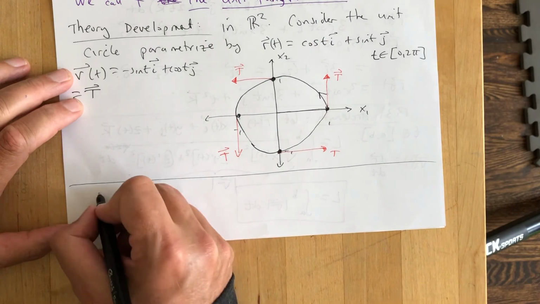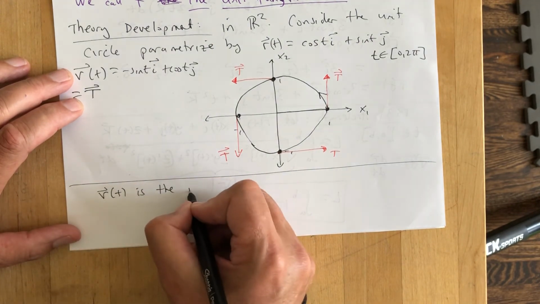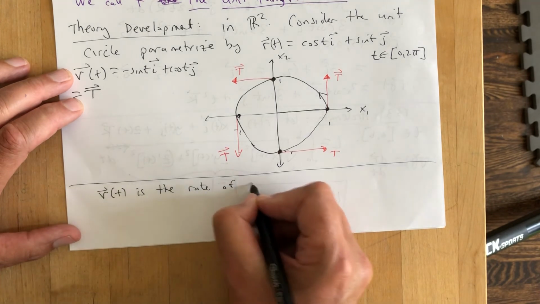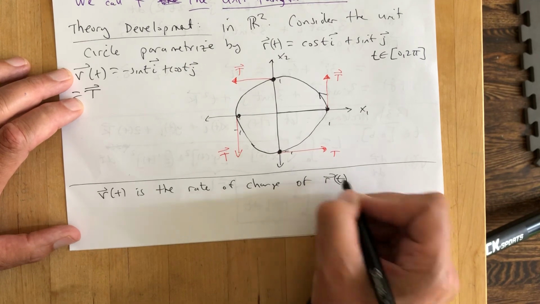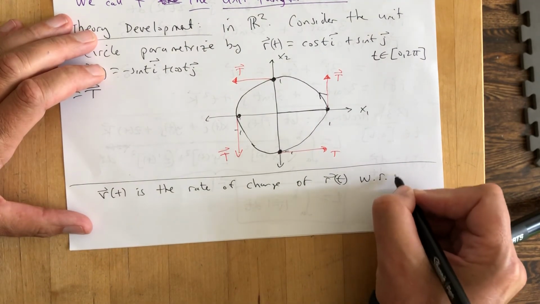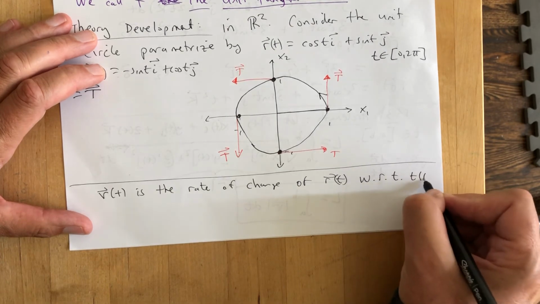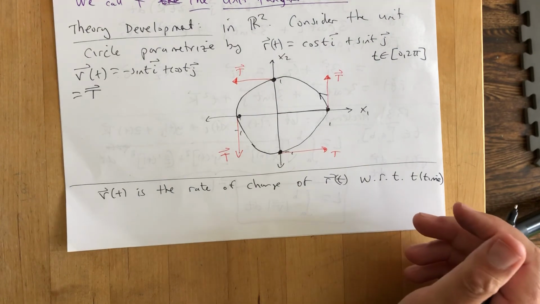Okay. So v of t is the instantaneous rate of change, the derivative of r of t with respect to t, the time variable. Okay, and here's where this gets really intense.